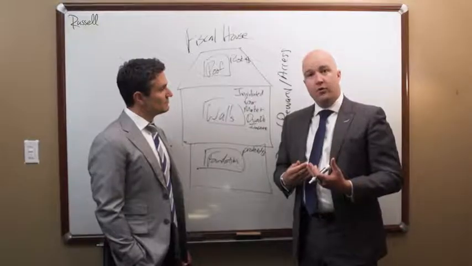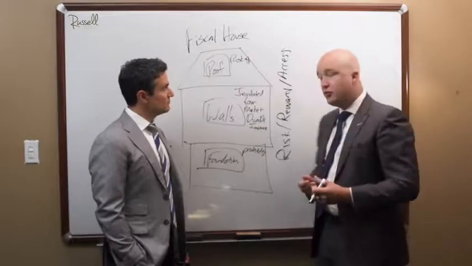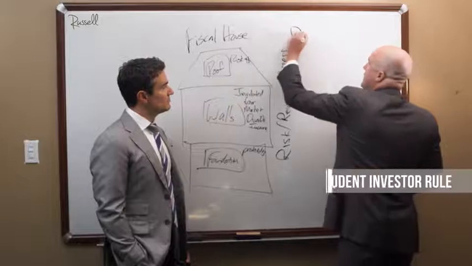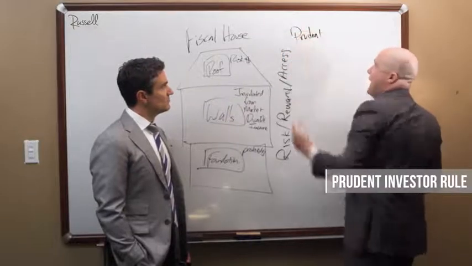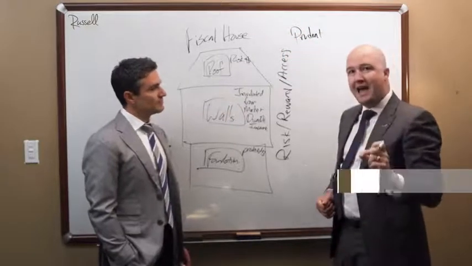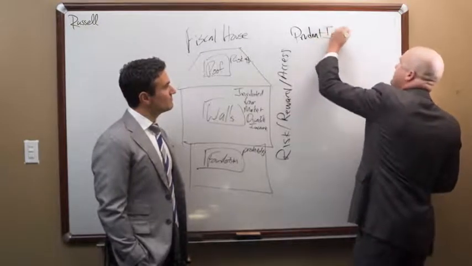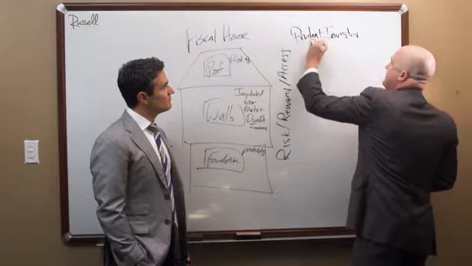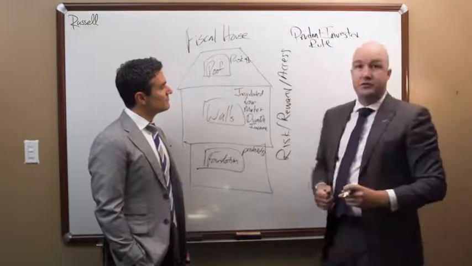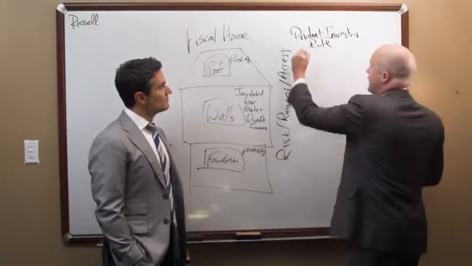So you may be wondering, how much should you have in each level of the fiscal house? Well, we follow a century-old rule called the prudent investor rule. And this rule basically says, how much would a prudent investor have at risk in retirement? Their general guideline is you take the number 100 and you subtract your age.